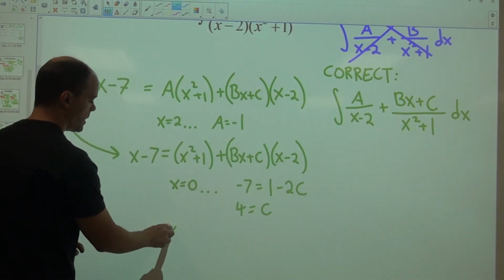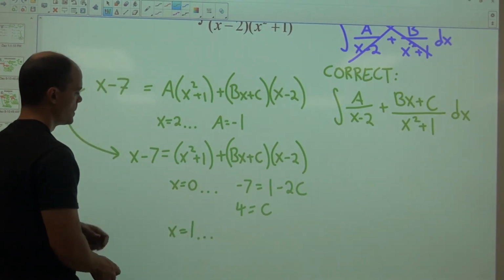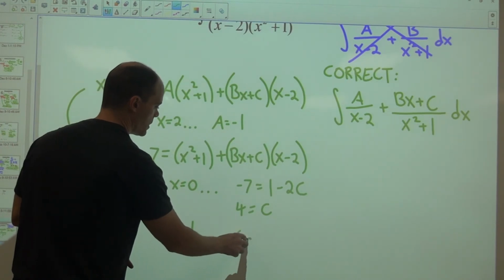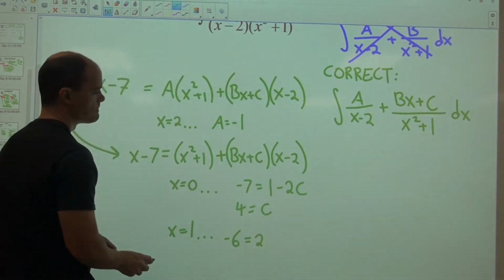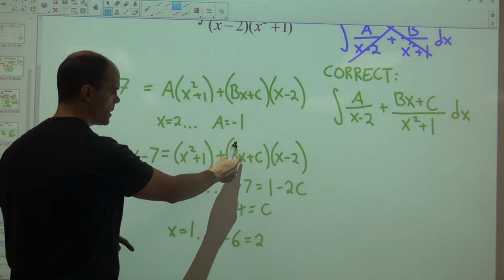And now that I have that, I can actually plug it in and solve for the other variable. I'm going to choose x equals 1. So on the left side of the equation, I'm going to get negative 6 equals 1 plus 1 is 2. And now being very careful here, x is 1.